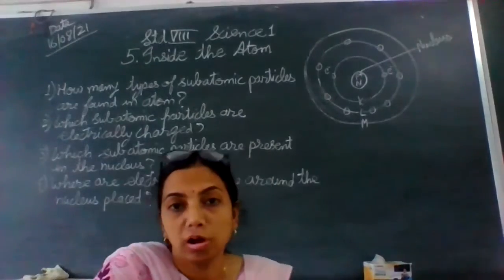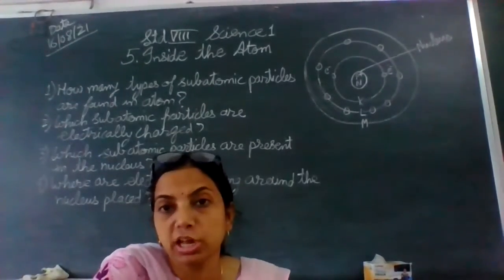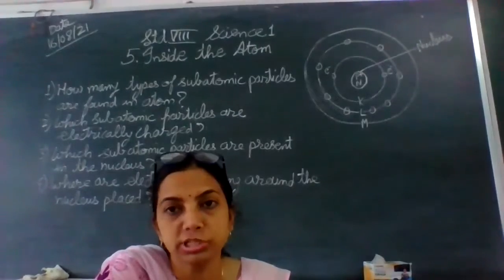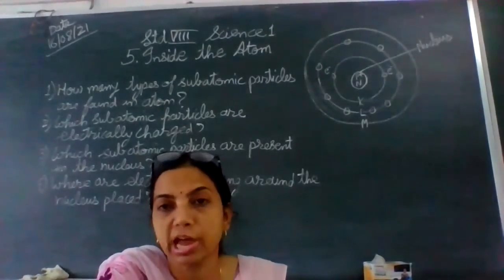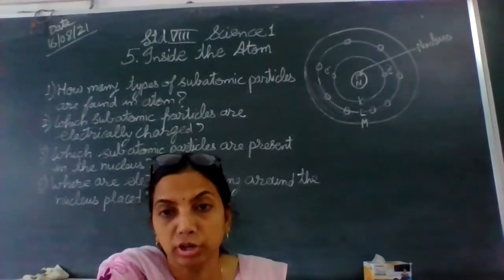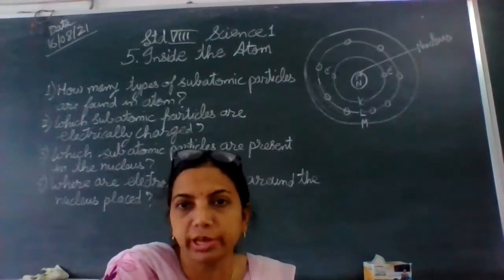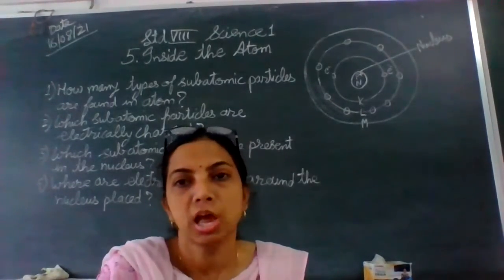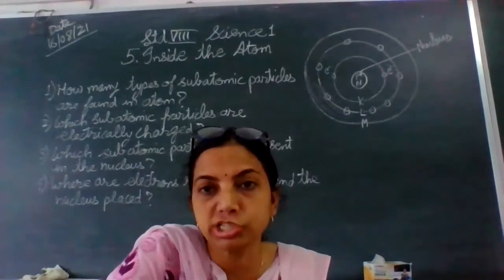Out of them, there is a nucleus. Inside the nucleus, there are protons which are positively charged, and neutrons which have no charge on them. Then we have some extra nuclear part. Extra nuclear means outside the nucleus, there are electrons which are negatively charged.